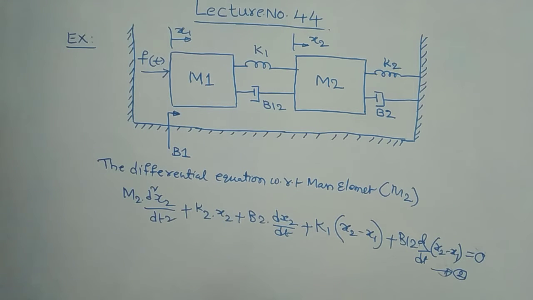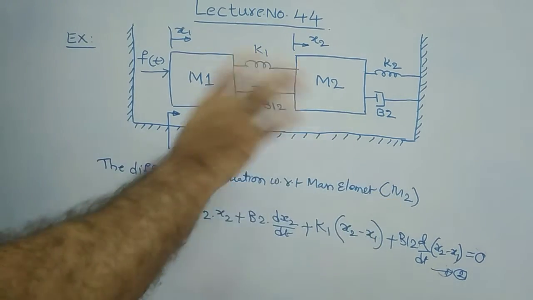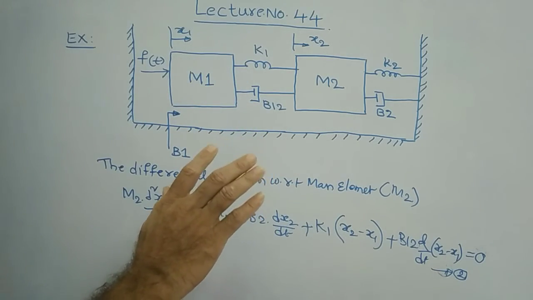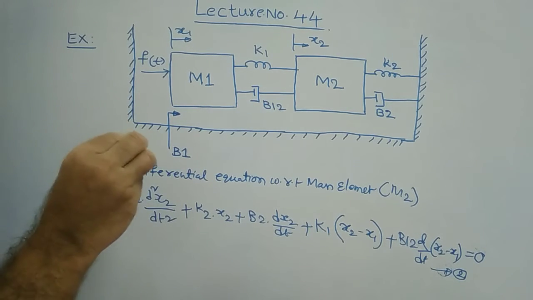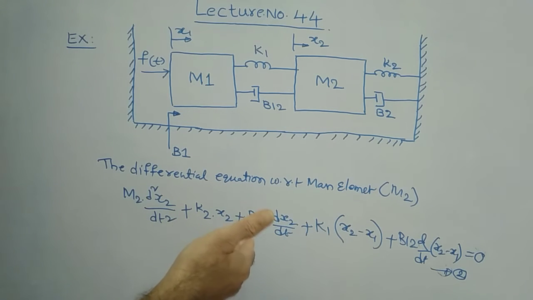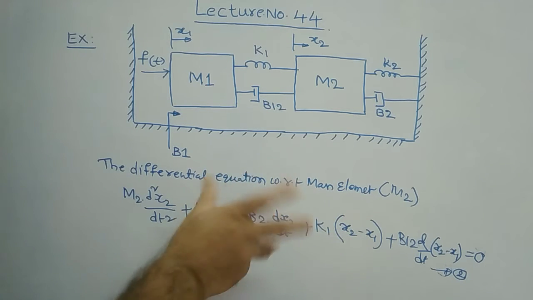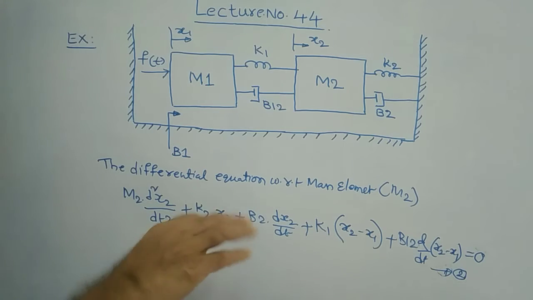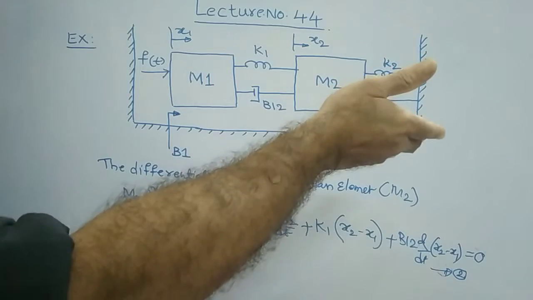Now our aim is to draw the electrical equivalent only, not the transfer function. If the question asks you to find the transfer function, then you need to apply the Laplace transformation to both equations, equation 1 as well as equation 2, and with these two expressions find the ratio of output by input.